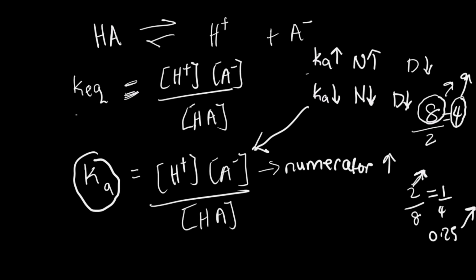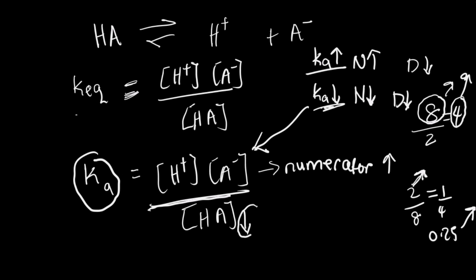Now, applying this concept here, it means that when Ka is high, we actually have the acid dissociating greatly. Okay, so when Ka is high, it means that the acid actually dissociates well enough. So we have less concentration of the acid and the ions are more in the solution.